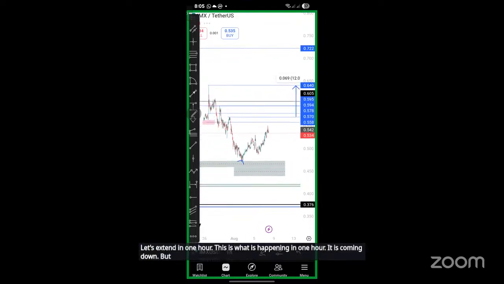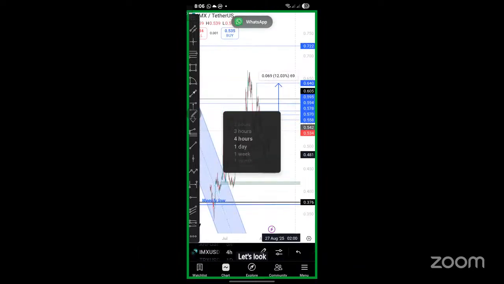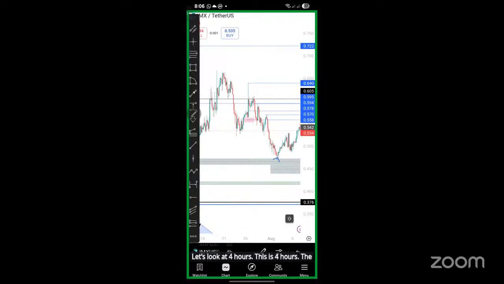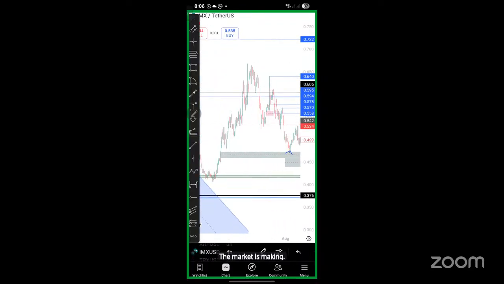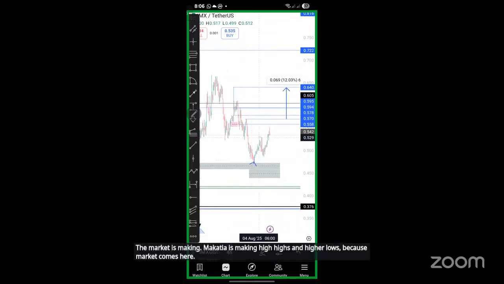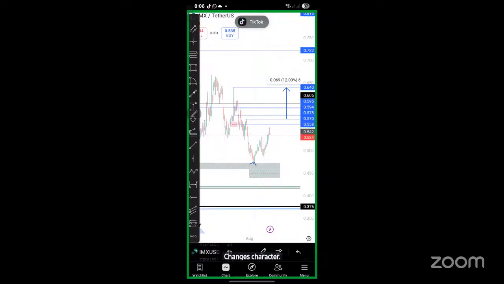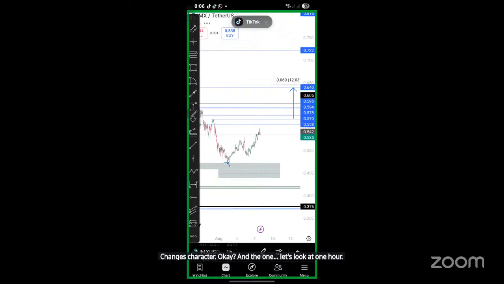But when you look at the trend, let's look at 4 hours. The overall trend of the market is making high highs and high lows, because the market comes here and changes character. Okay. And let's look at 1 hour.